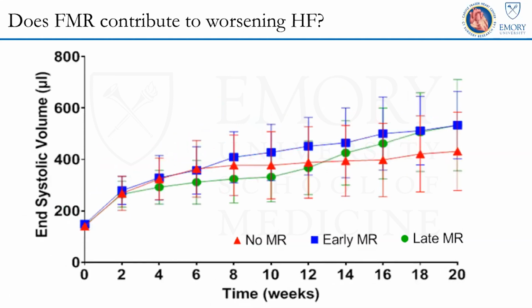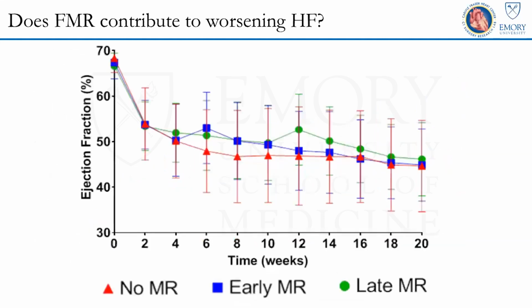What we saw from an end systolic volume standpoint is that there is a rise in the end systolic volume after inducing MR, but that was not statistically significant, indicating that the effect of mitral regurgitation on systolic dysfunction may not be revealed in this time point that we had looked at, which is a 20-week duration.